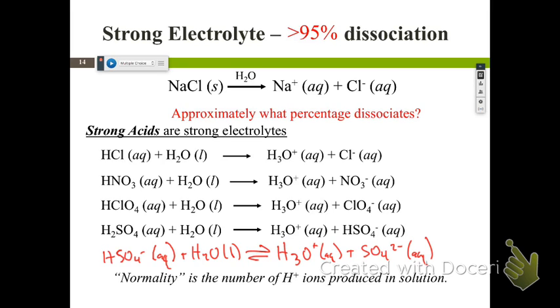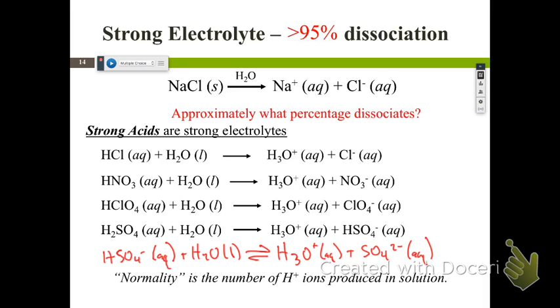So the equilibrium arrow shows that while this reaction does happen, that sulfate is not always as stable by itself. So it'll steal that proton back from water, recombine, and give you hydrogen sulfate and leave water by itself. That is not a strong electrolyte at the bottom. It's not a strong acid. But it's related to a strong acid through the first of those 2 equations.